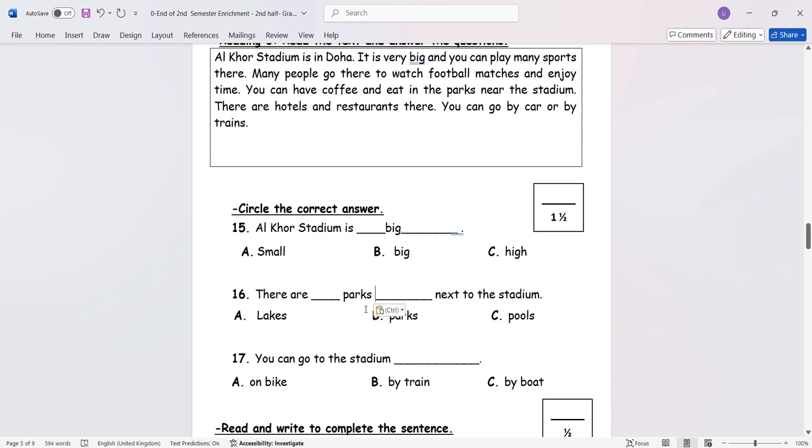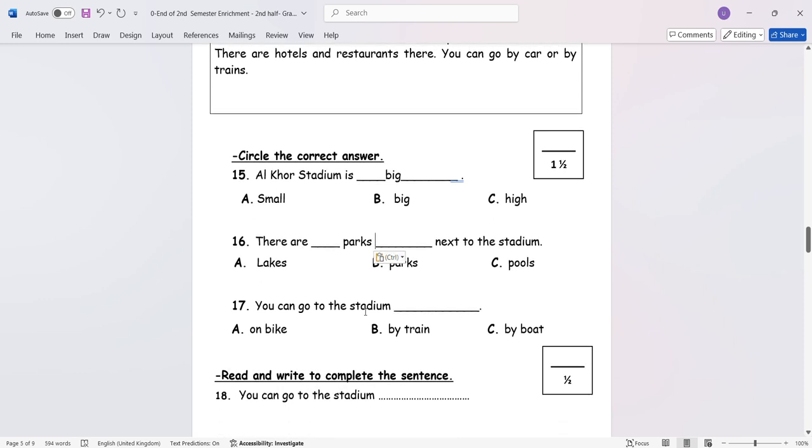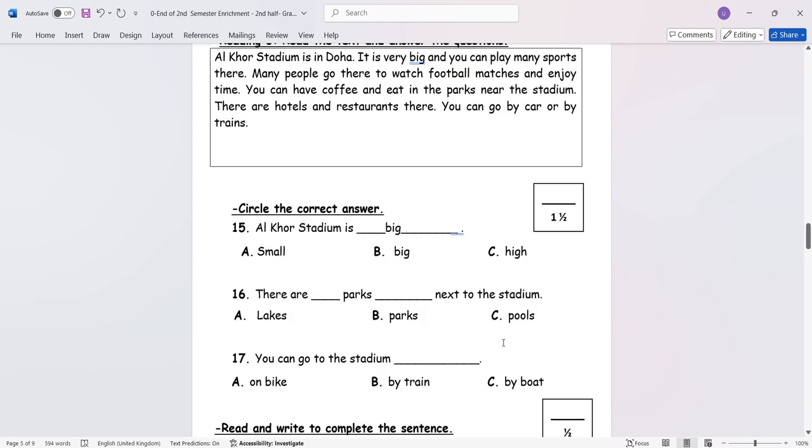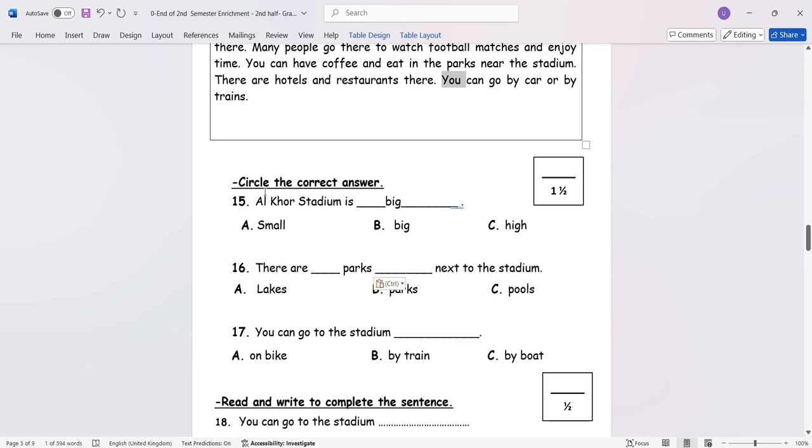Okay, we move to question 17. You can go to the stadium A, on bike, B, by train, and C, by boat. So what is the answer? We go back again to the text to check the answer. You can go by car or by train.